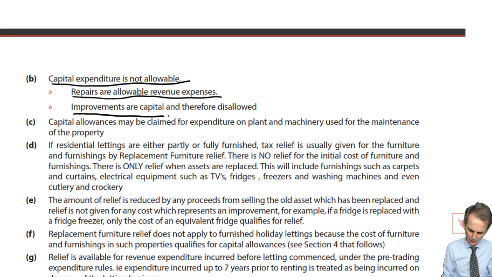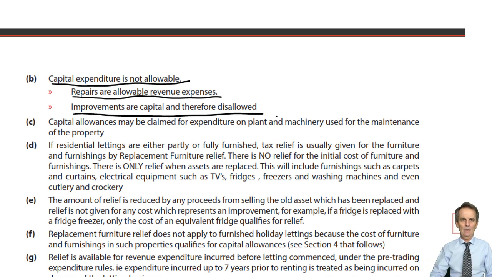So improvements are capital and therefore disallowed here on an annual basis in working out your property income, but allowable eventually as a capital cost in computing any capital gain that will be separately chargeable to CGT.